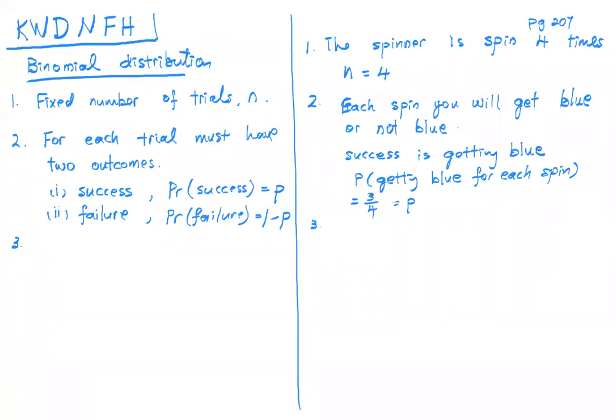okay. And if you look at your textbook, if we repeat the experiment in a number of independent trials, so each trial must be an independent trial. What do you mean by independent trial?